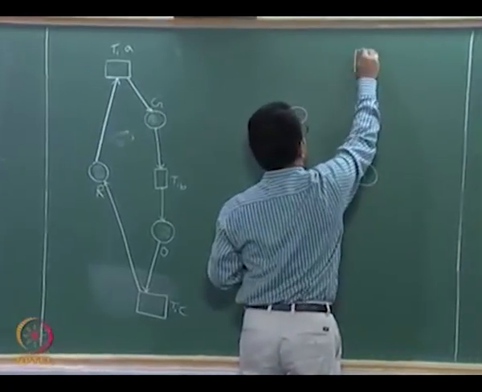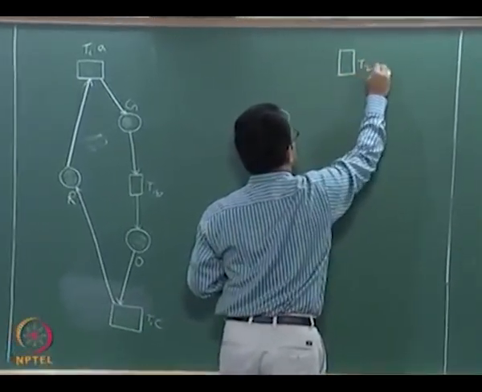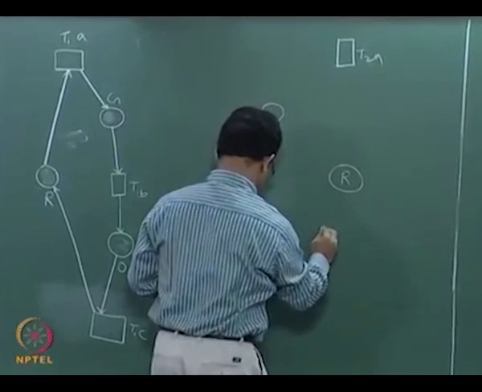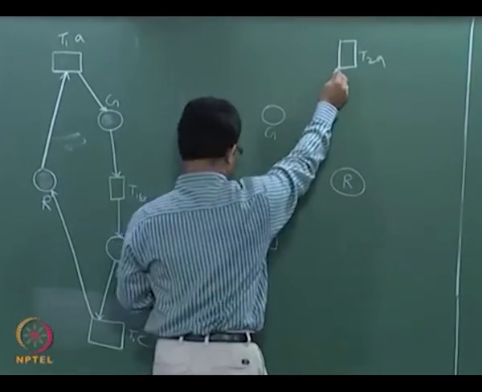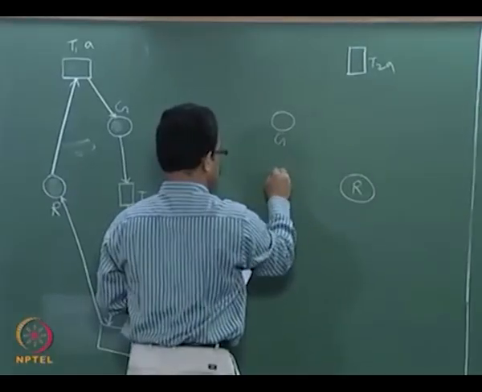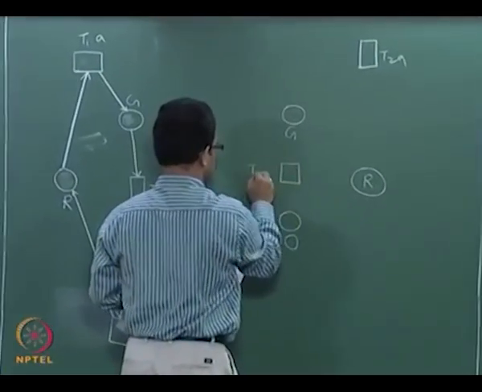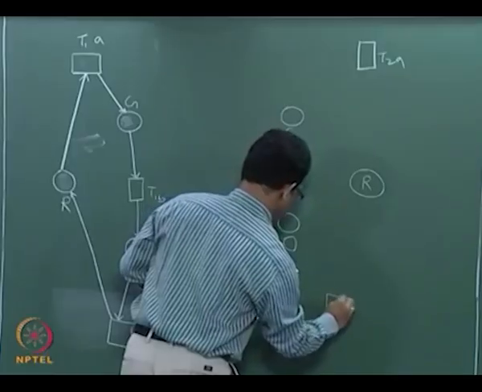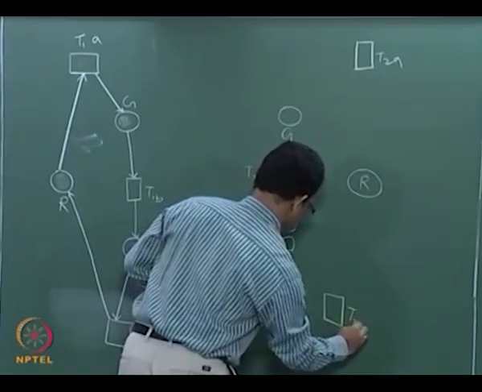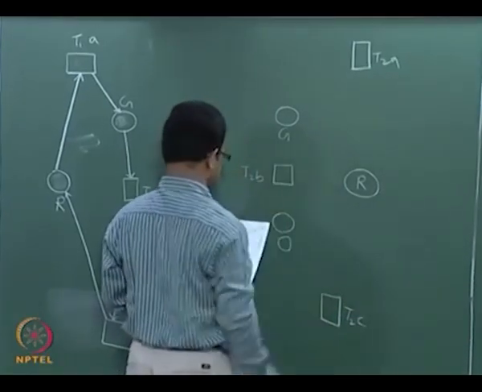So here you have the T2A and you have this T2B, which is between T2A green to this is T2B, and then you have this T2C. So this is again the transition.